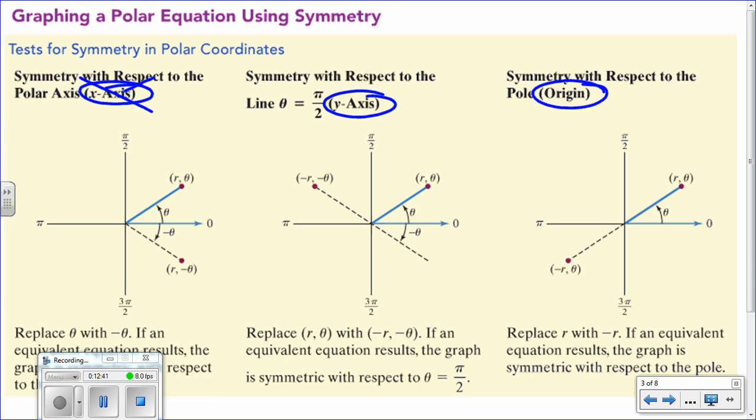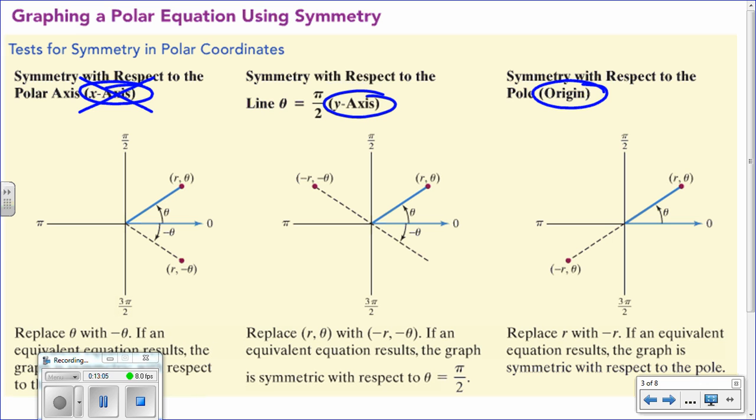We do not talk about this one when we discuss functions, because if we have a graph that is symmetric with respect to the x-axis in rectangular form, then it wouldn't even be a function. Like a circle. But in the polar world, we do consider those 3.